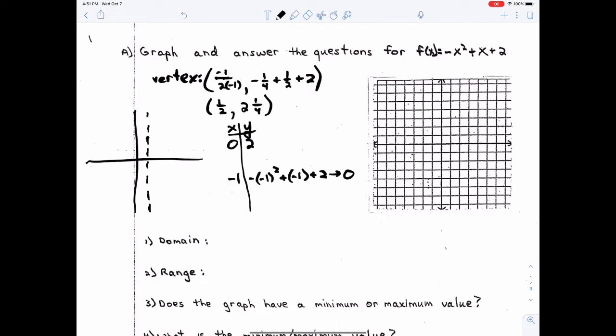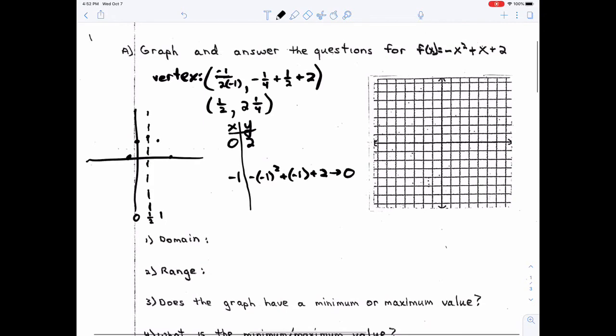Now we're going to have 0, comma 2, about there, and then -1, comma 0. We'll have the other points over here. What would those other points be? If this is at 1/2 and this is at 0, the one on the other side will be at 1. So that would be 1, comma 2, the symmetrical point.